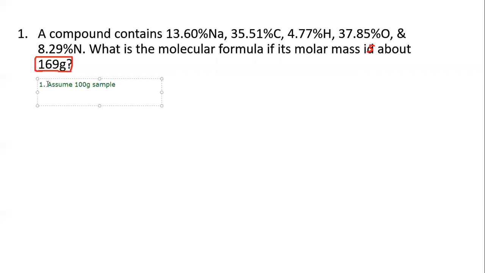So if we assume a 100-gram sample, we can find the mass of each element. So now we know the mass of each element. The second step is to find the moles of each element.